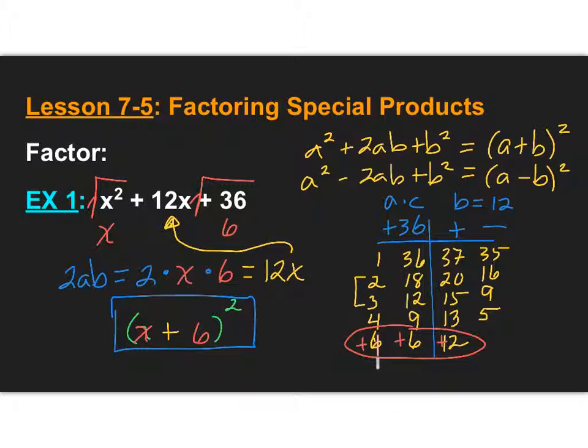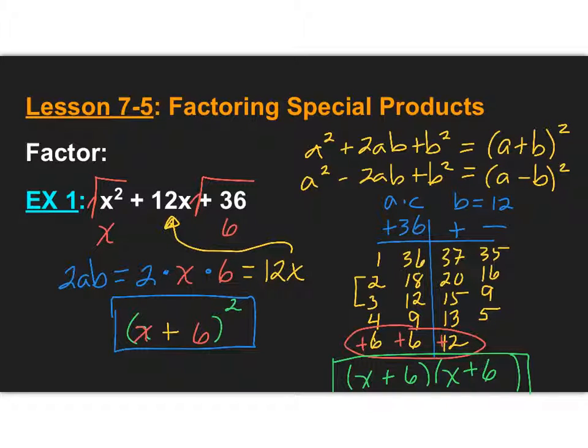You could, but it's more work. So instead we can just take a little bitty shortcut and throw that into parentheses. Our variable is x, and we're going to put each of the plus 6's here and here. So this would be our answer.